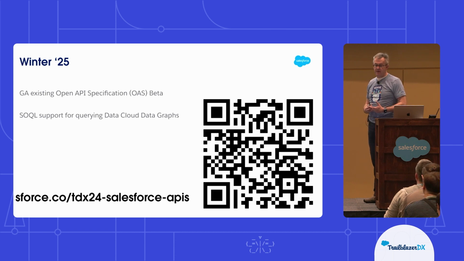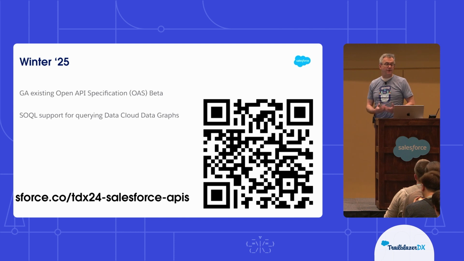As part of this closer integration of Data Cloud into the core platform, we're making it easier for you to access data in Data Cloud as a first-class citizen. The Data Cloud data graphs provide fast access to data in Data Cloud, and there'll be a native representation in SOQL to get access to that data.